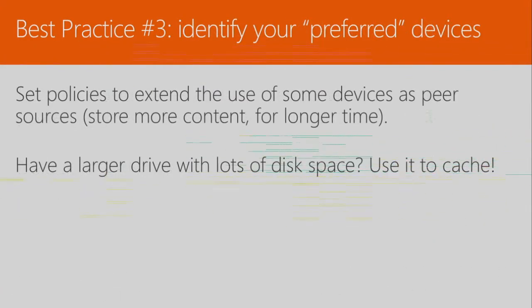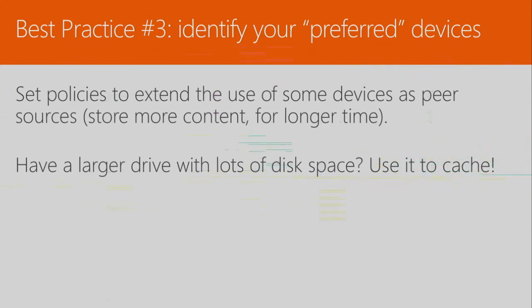The other best practice is, if you have devices that you know have big disks, some people have a mini DP or things like that, you can define them as preferred sources. Maybe they have a secondary hard drive that can be used to cache. Use that space, enable it, and just bump up the policies for that machine.